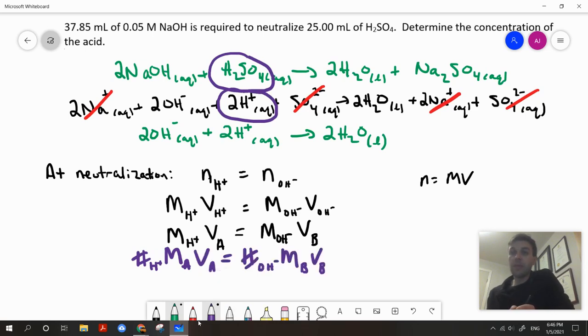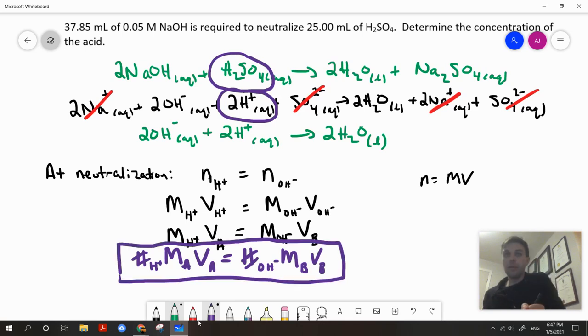We'll do the same thing with the other side. The concentration of hydroxide ions is equal to the concentration of the base multiplied by the number of hydroxide ions in the base formula. This line here in purple is called the neutralization equation.